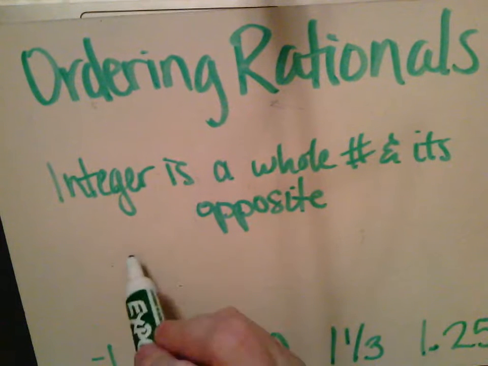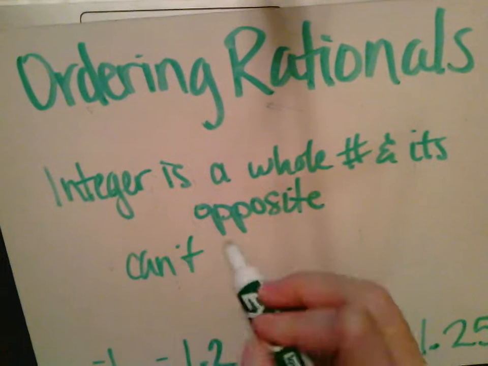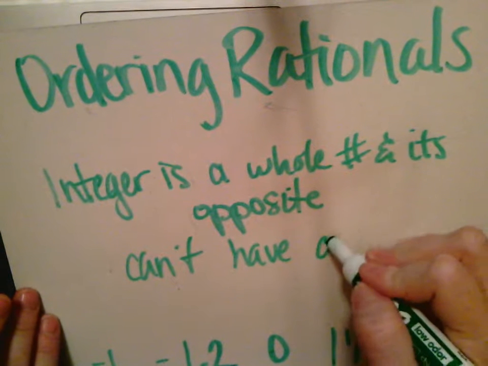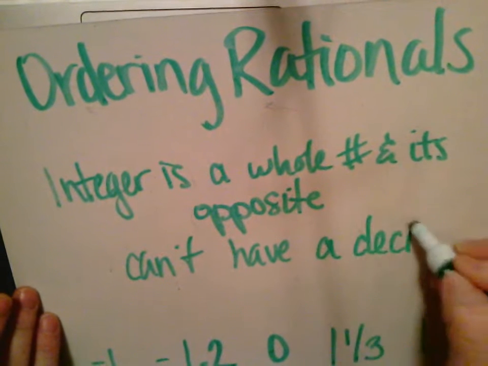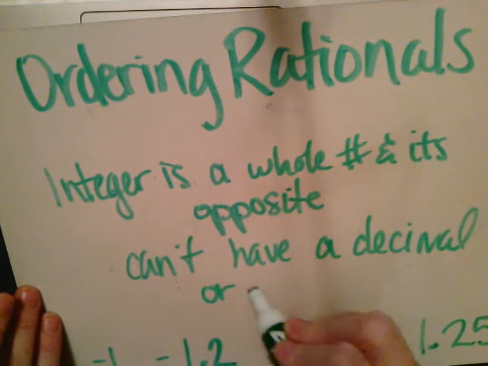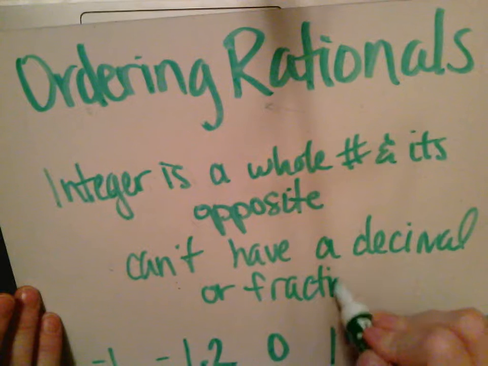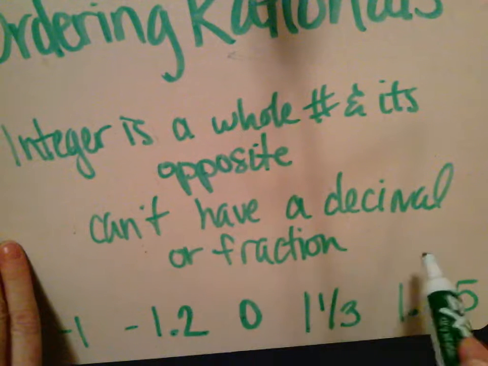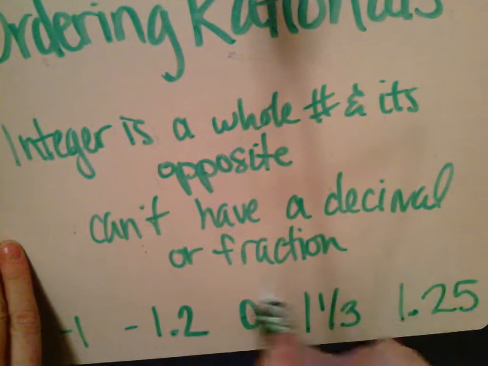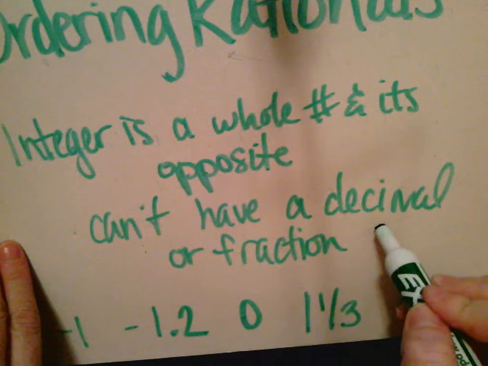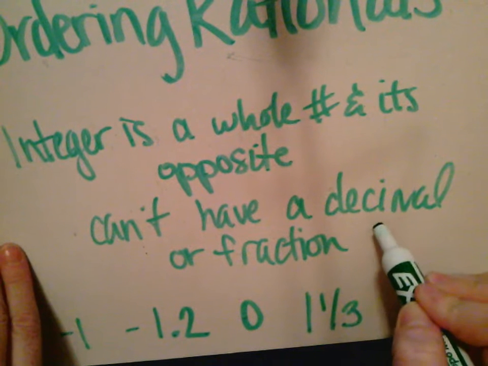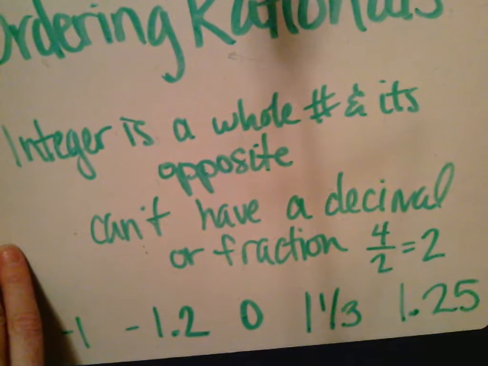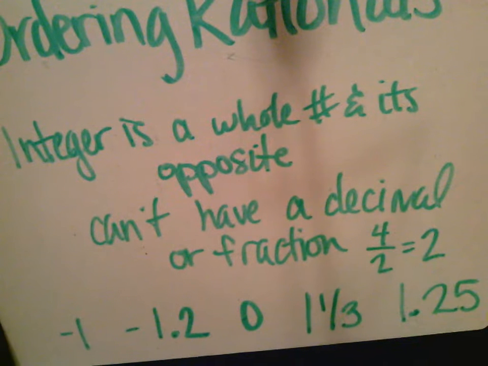So it cannot have a decimal or a fraction. I'm going to tell you though, the fractions you have to simplify. So if it was, let's say, 4/2, that's actually 2. So that is an integer. Okay? Just watch it whenever you're looking at those.